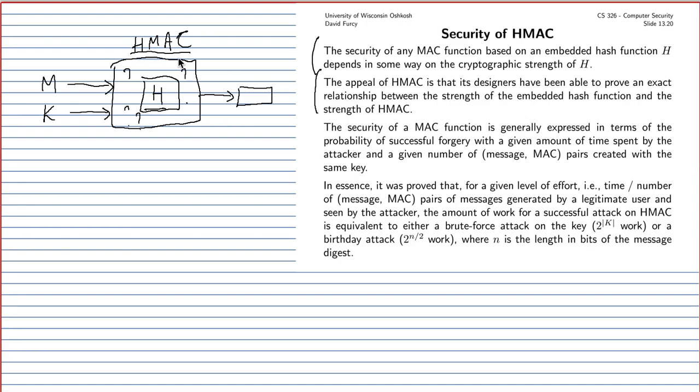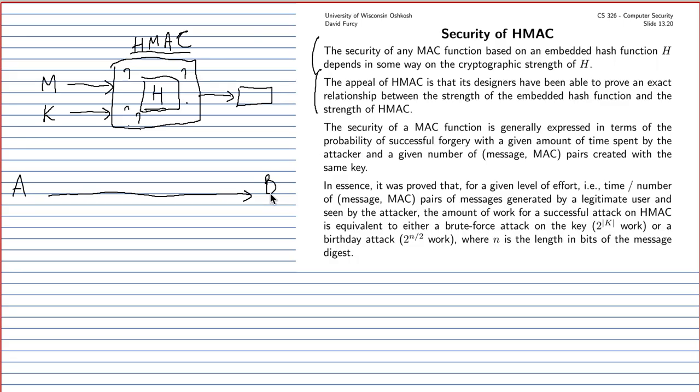So in general, the security of a MAC function depends on whatever information is available to the attacker, as well as the amount of resources that the attacker has. So suppose Alice is sending messages and authentication tags to Bob.